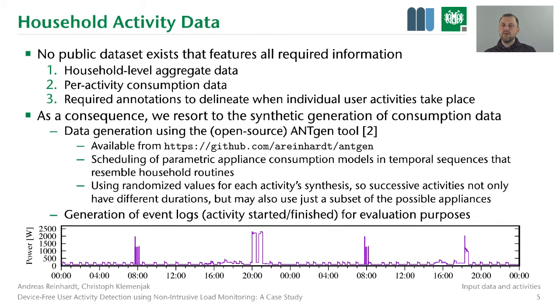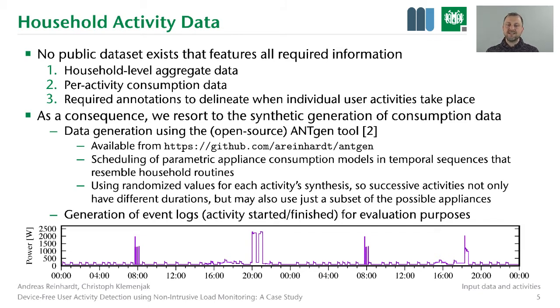And so all that we need to train NIAD to recognize activities is activity level consumption data and the household total, and we'll just train the disaggregation algorithms to flag certain activity patterns. Now there's one problem, and that's the limitations of real-world data sets.